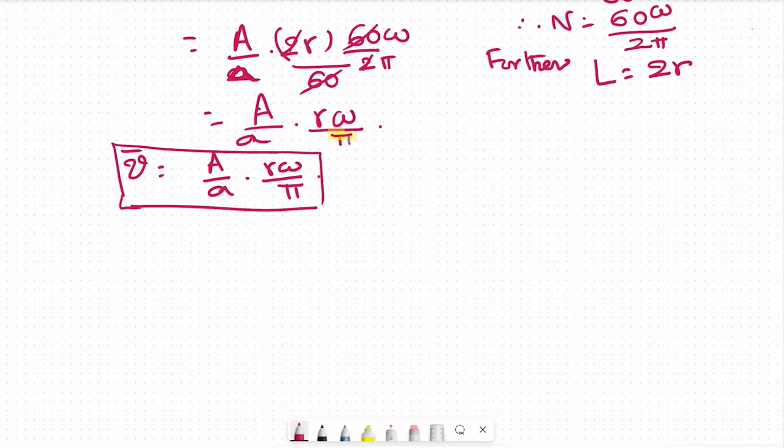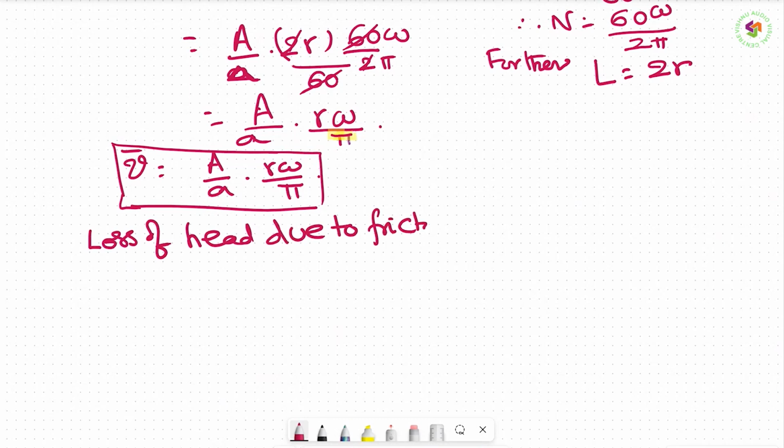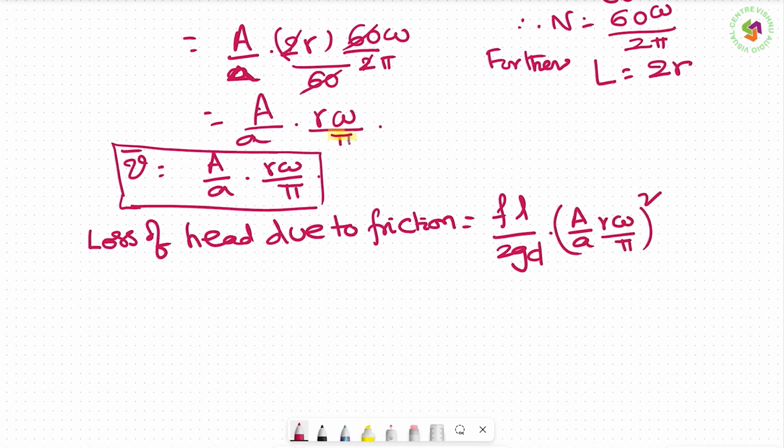That's what we are discussing, how much is reduced. So the loss of head due to friction is equal to FL by 2gD into (A by a, omega R by pi) whole square.